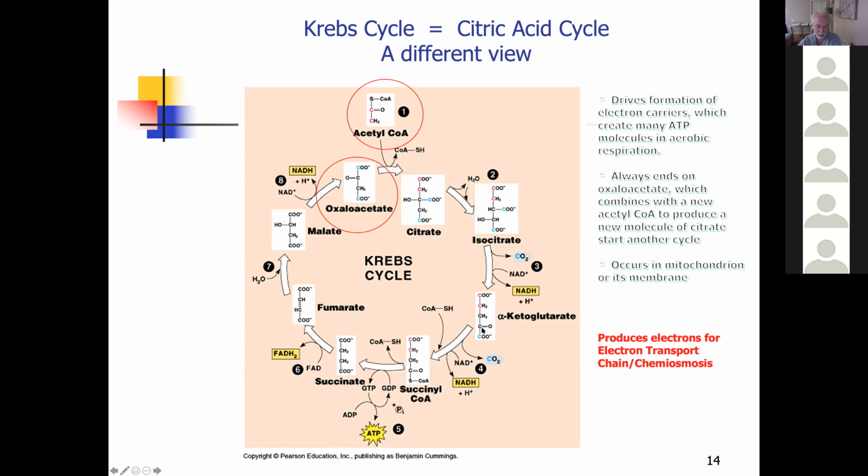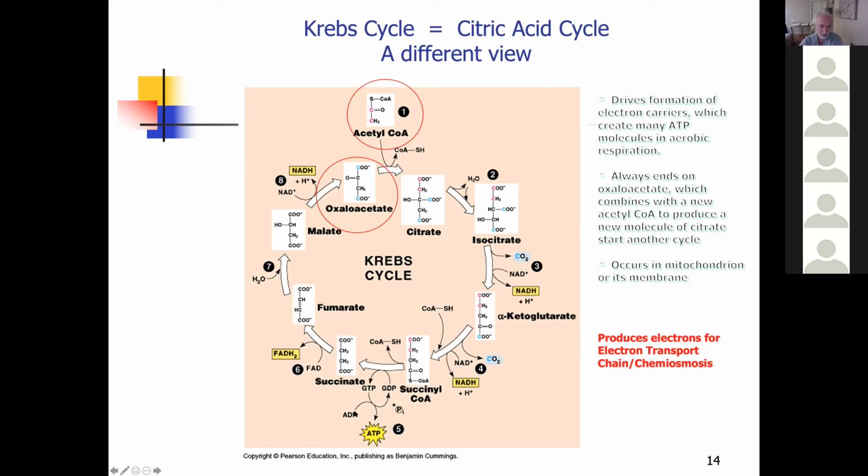Alpha-ketoglutarate has 5 carbons. Then it loses another carbon to yield succinyl-CoA, which has 4 carbons. And again, there's an NADH plus protons produced. And when succinyl-CoA is converted to succinate, the CoA splits off and you get another substrate level phosphorylation, or ATP.